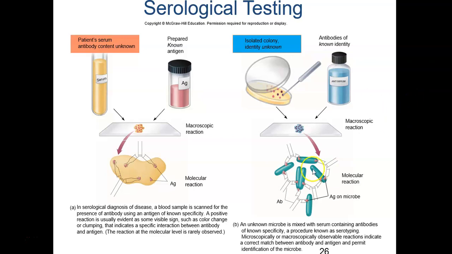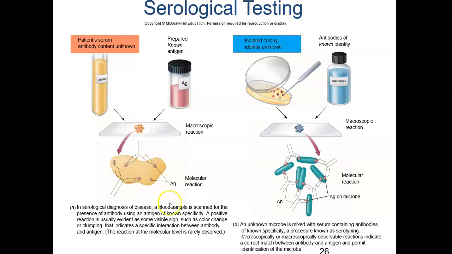So here's our antigen here. When we get this kind of cross-linking of all these antigens and antibodies together, it forms this kind of clumping reaction, which gives us an indication of a positive result. And it's usually a visible sign.